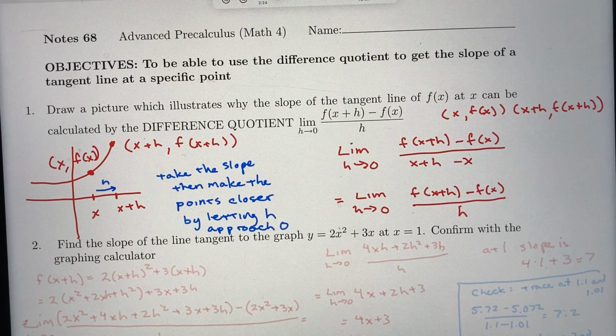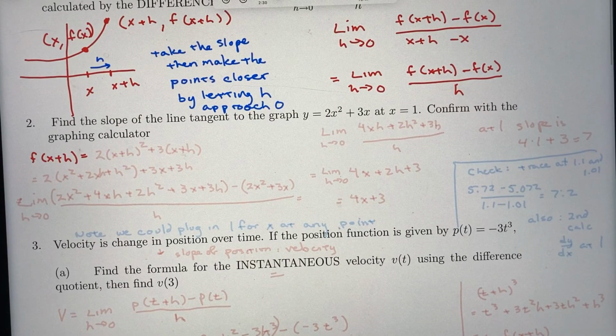what is f of x plus h? I'm not going to rewrite that until I write the limit.